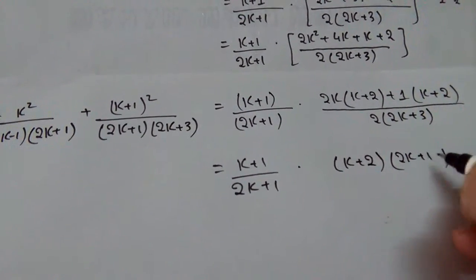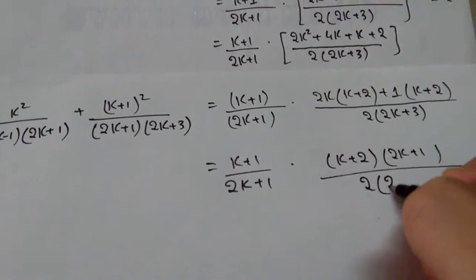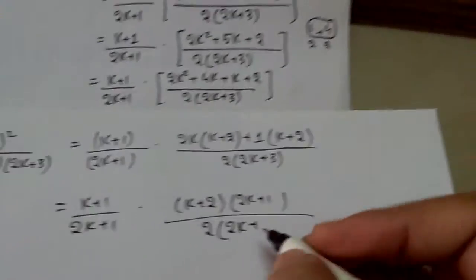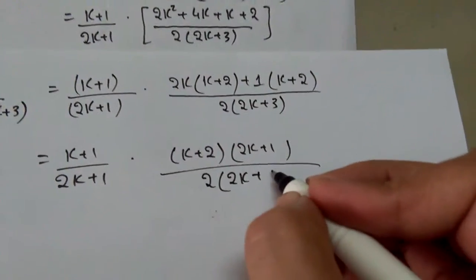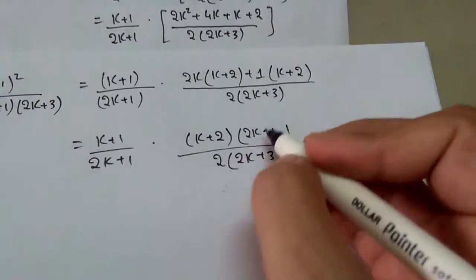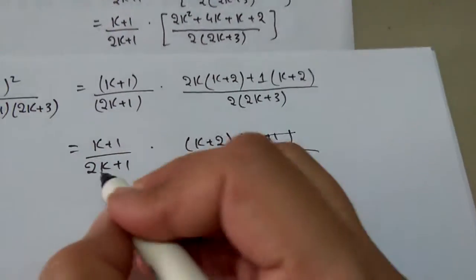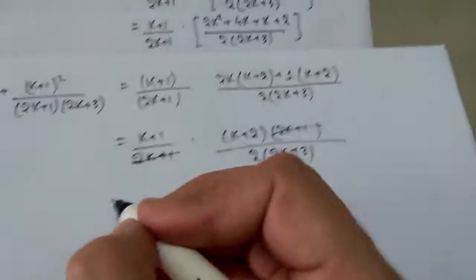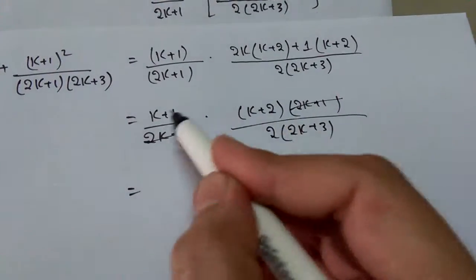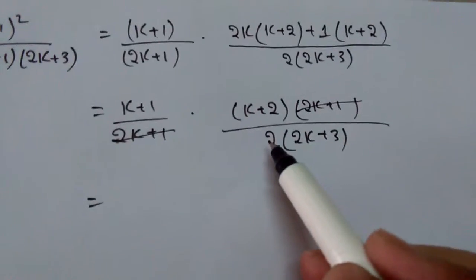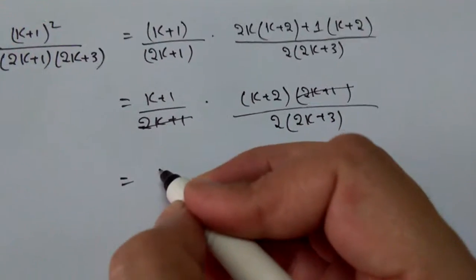So this is it, upon 2 times 2k plus 3. This 2k plus 1 and this 2k plus 1 got cancelled, and what is left now are these two factors in the numerator and this in the denominator.